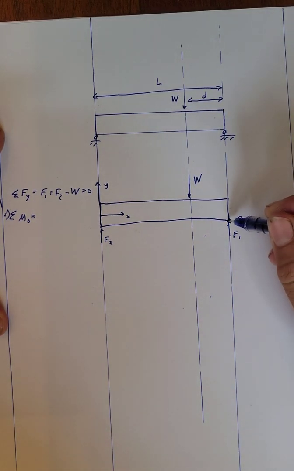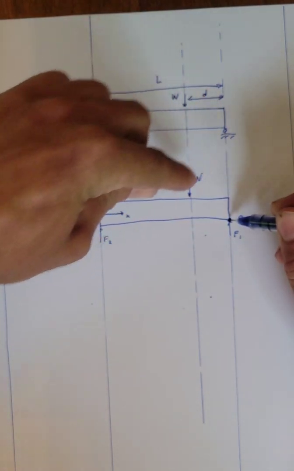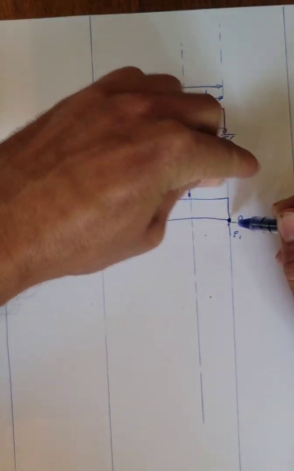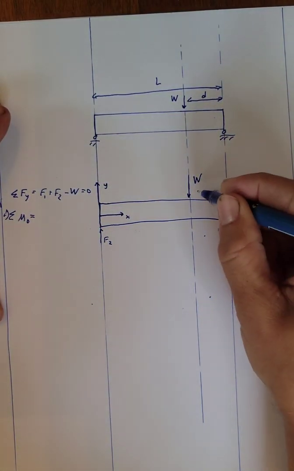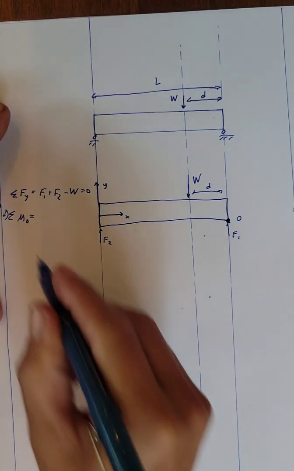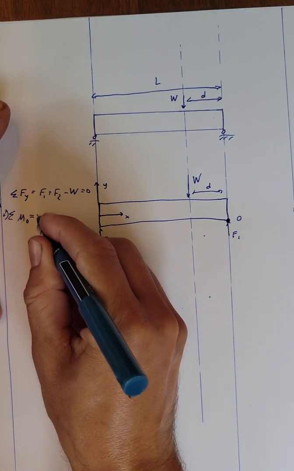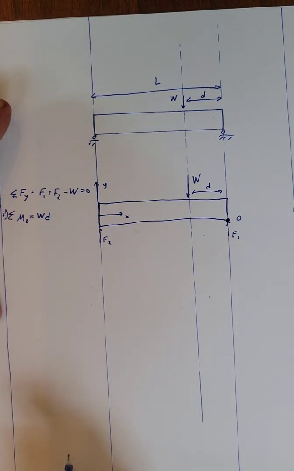So in this case, take point O, take W, right? W tends to produce counterclockwise rotation. You can see that. And we know that W occurs at a distance D. So the moment produced by W is W times D. That's in the positive direction.